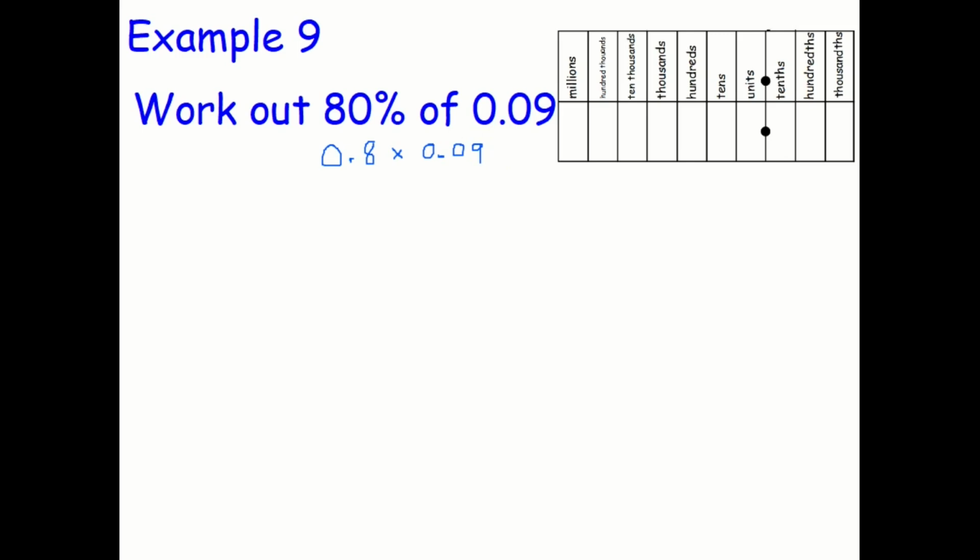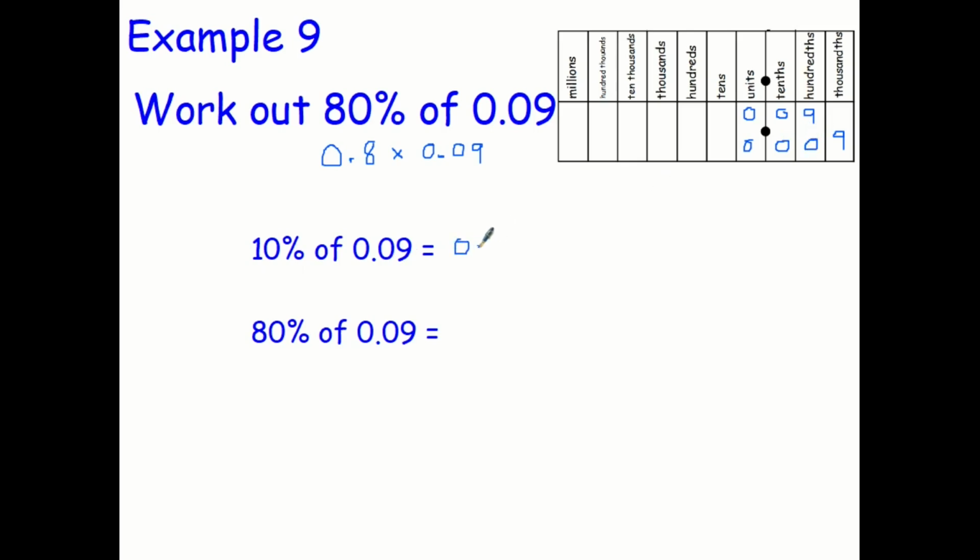Or you can work it out in stages like this. 10% of 0.09, well, if I put my digits in the place value grid, this is the original number, 0.09, and then all digits have to be jumped 1 column to the right, so the 9 is going to go into here, so that means 10% is 0.009.